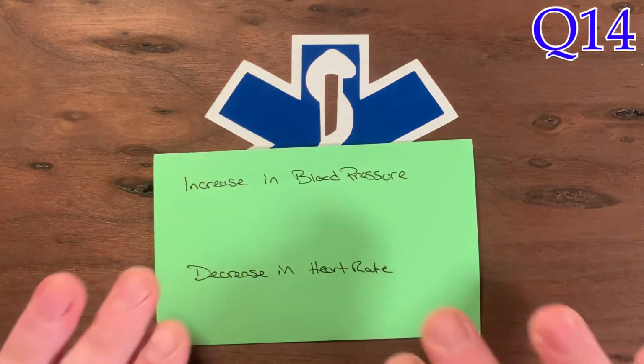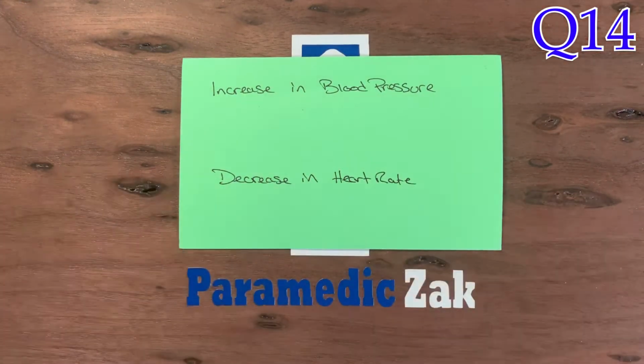The answer here is going to be an increase in blood pressure and a decrease in heart rate. As intracranial pressure increases, the blood vessels will become occluded. As a matter of self-preservation, the brain will order an increase in blood pressure, and in response, the carotid sinuses will order a decrease in heart rate.